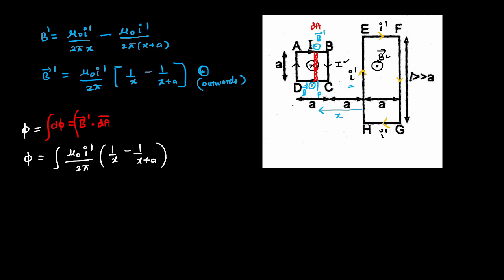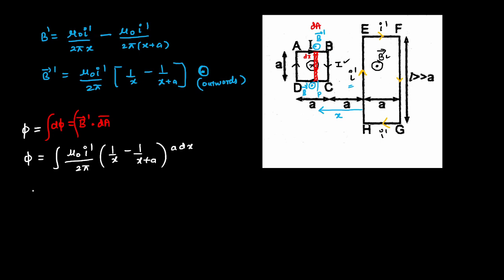I'll be choosing the thickness value of this portion as dx. dx is the thickness of the strip. Okay. So using that, a times dx is a small area and cos of 0 degrees, because I'm assuming area dA as well as B dash in the same direction. Okay.